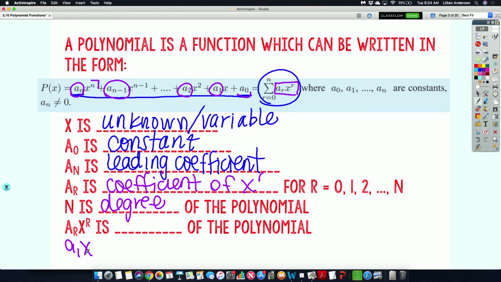So like if r was 1, r was 2, r was 3, r was 4, it's what? The general form? No, that's the general form. I'm just writing out terms until maybe someone says what a sub r x to the r is.